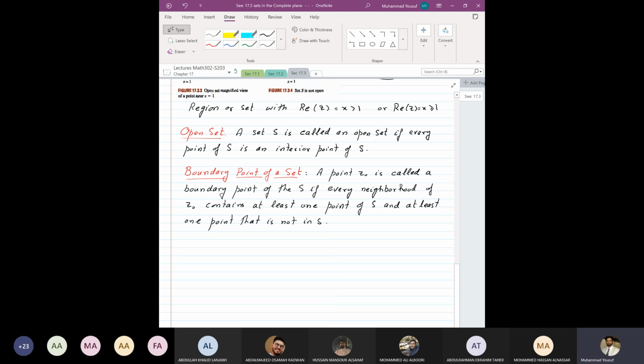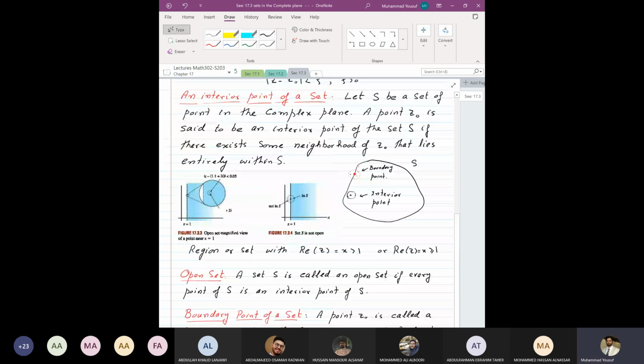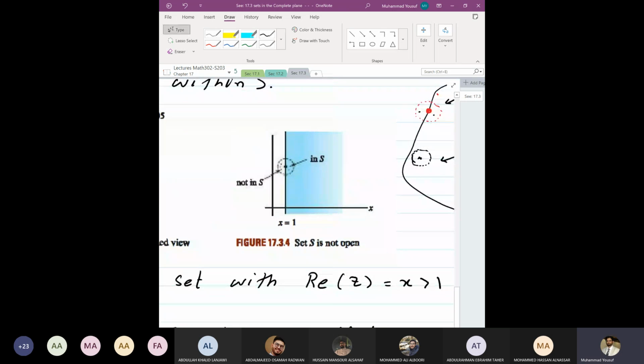And what is the boundary of a set? The set of all boundary points of S is called the boundary of S. The collection of all points which are boundary points, that is called the boundary of the set S. Like in figure 17.3.4, x equal to 1 is the boundary of the set.